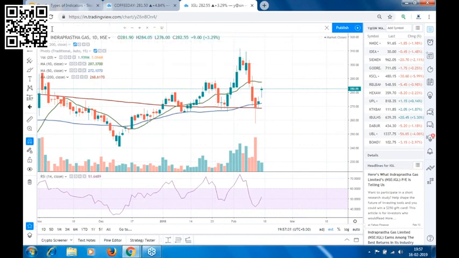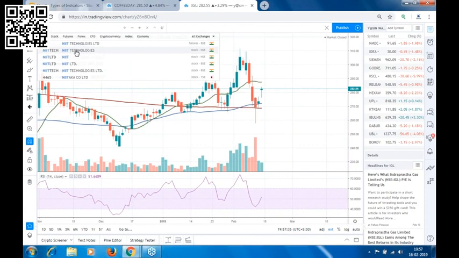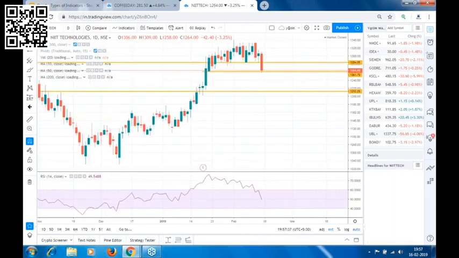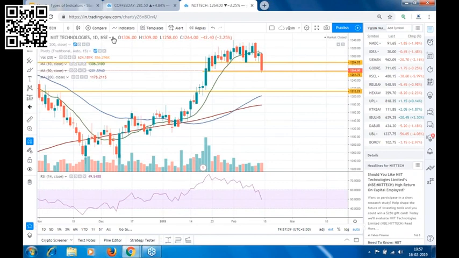Now see, if we talk about NIIT Tech, the day I gave this stock for shorting, for 2 days it did not break the level. See, that is why I'm saying that levels are very important. If you know how to identify a correct level at which you want to enter a stock, whether buy or sell, once the level is broken... now I can see that this stock is taking a support at this level.